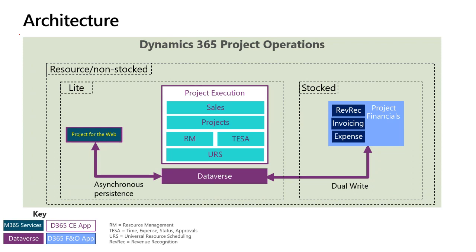The stock-based scenario deployment is targeting the project financials only, and it's available as a module in the Finance and Operations app. Finally, the resource non-stock-based scenario is cross-platform, with both Dataverse and Finance and Operations communicating through dual-write. Today, we'll be focusing only on the resource non-stock-based scenario.